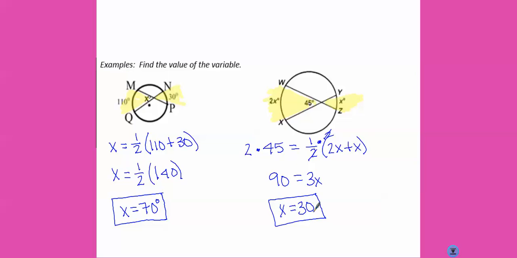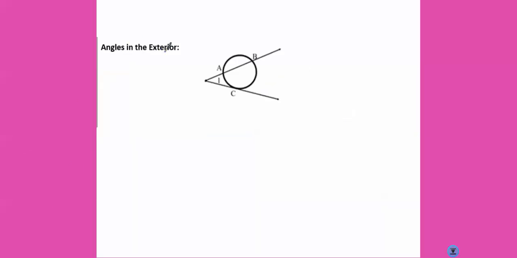So that's interior angles. Now let's look at angles in the exterior. Angles in the exterior, the vertex is outside the circle, like angle 1 here.